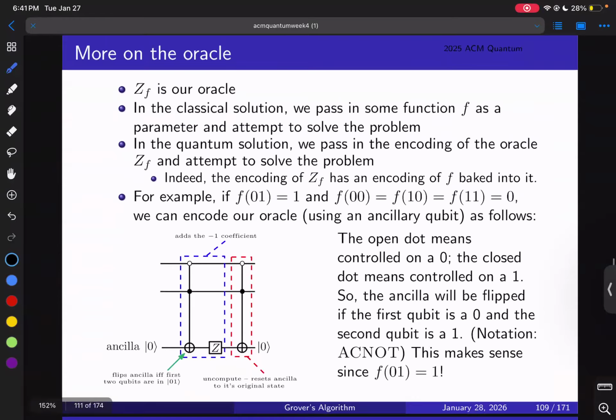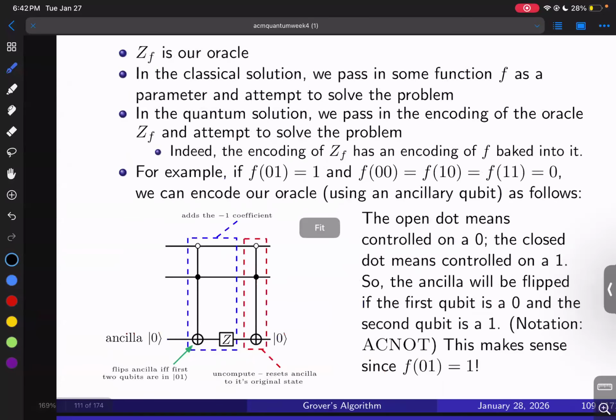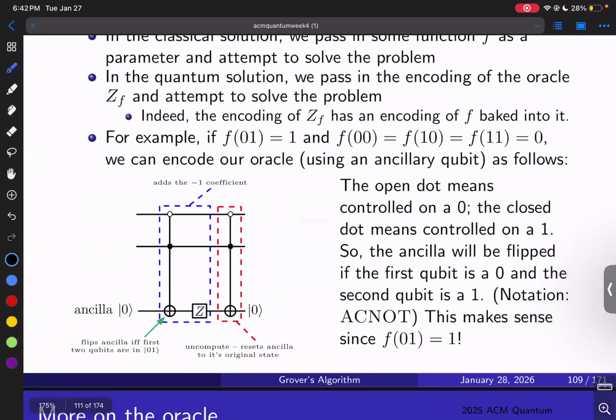Let's give an example encoding of the oracle. Say in our same example, f of 01 is 1, and for the other inputs it's 0. Our oracle can be encoded using the following circuit, where the open dot is an anti-control, which means it'll activate the control condition if the input state is 0 instead of 1. So it's just the opposite.